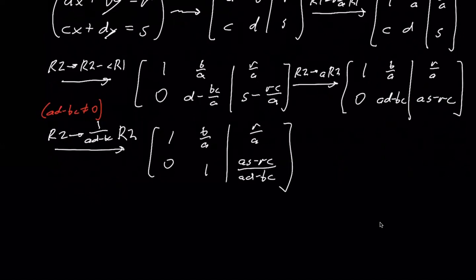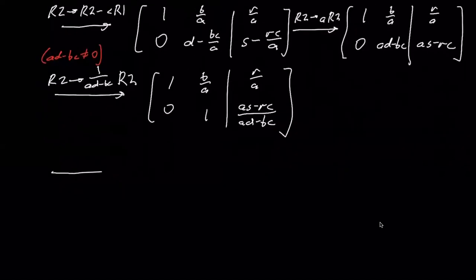All right, and the last, so actually we know what Y is, right? Y is that. We could plug back in and try to solve for X, but equivalently, it's the same thing as taking row 1, and if we want to clear out this and make this a 0, then we want to subtract B over A times row 2 from row 1, right?